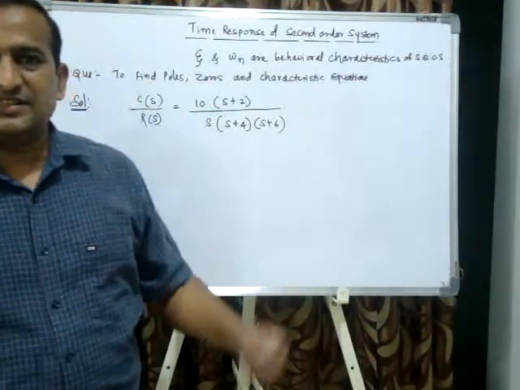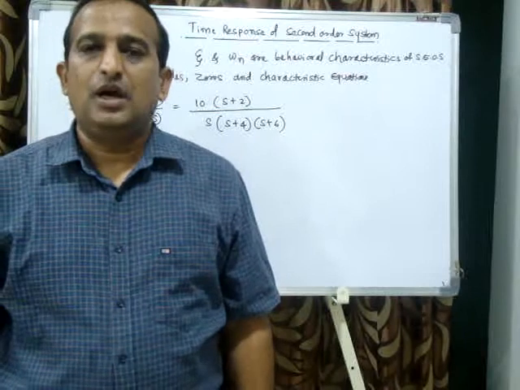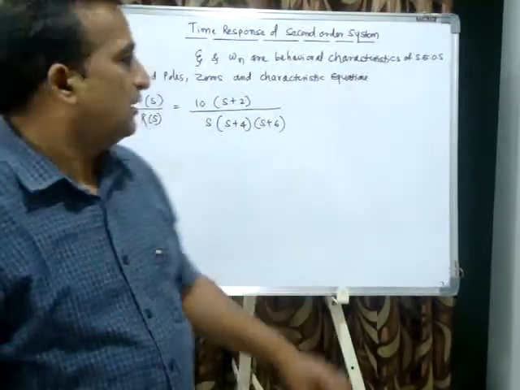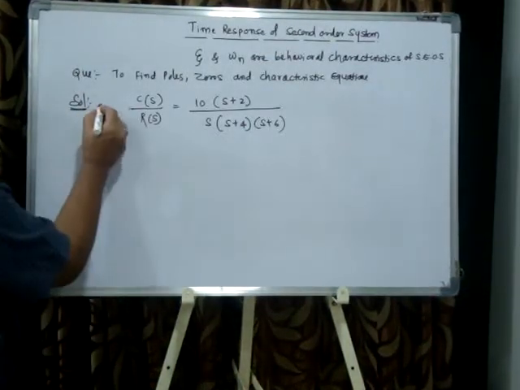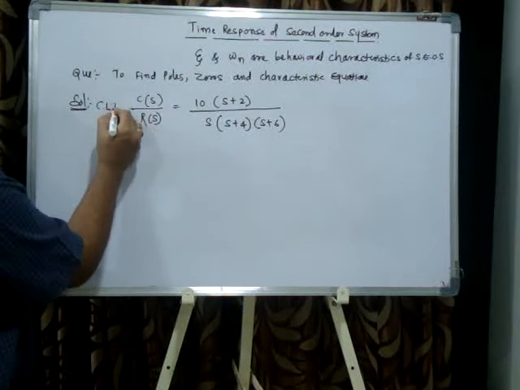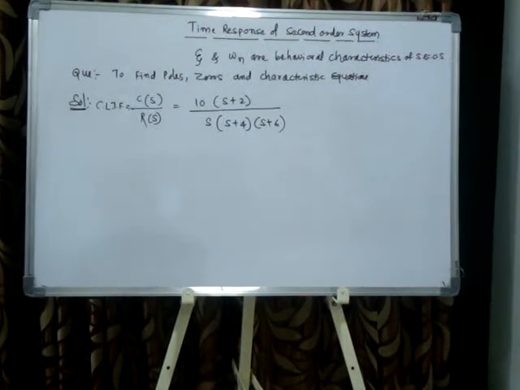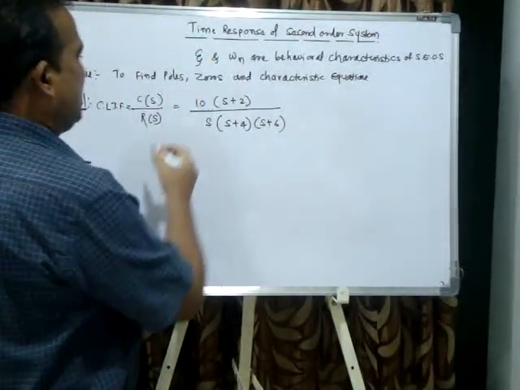It may be an electrical system, a mechanical system, an electromechanical system, or a chemical system. So I got a mathematical modeling of a system. This is called the closed loop transfer function. From this transfer function, I will find the poles, zeros and characteristic equation.